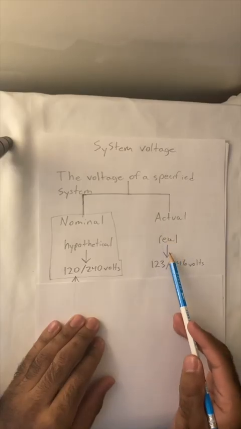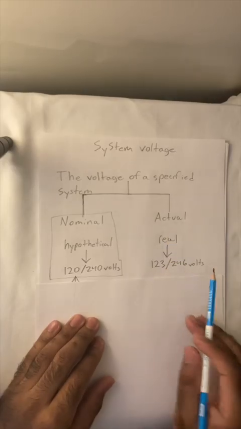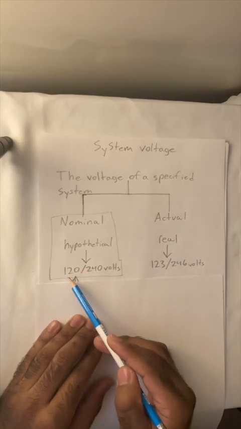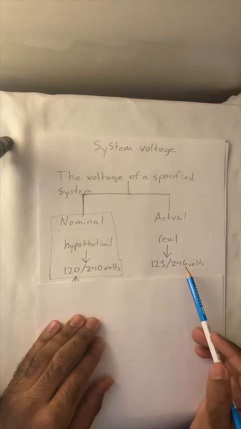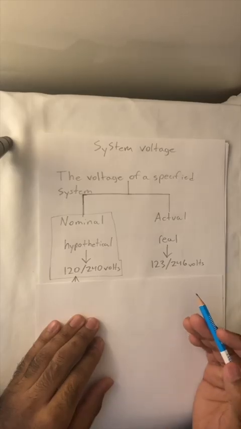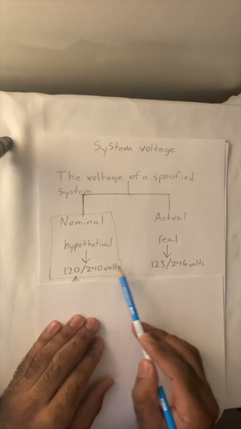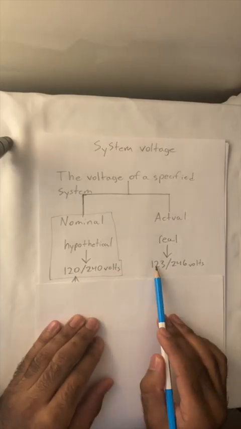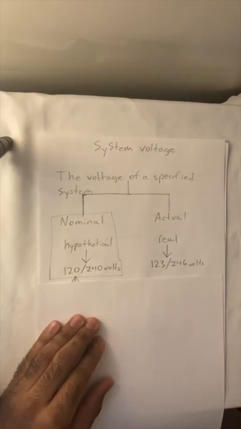The actual or real voltage would be 123.246, generally speaking. Not that you could not have measured 122.40; it is a possibility, just as you could have measured 123.246. However, this value, as we mentioned, is a hypothetical value. And the actual voltage is the voltage which we usually measure in the field.